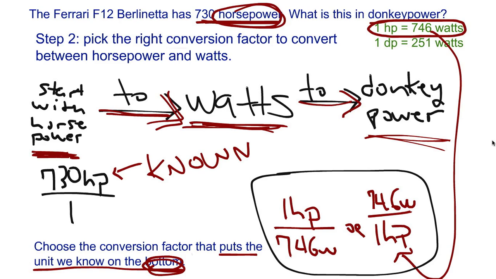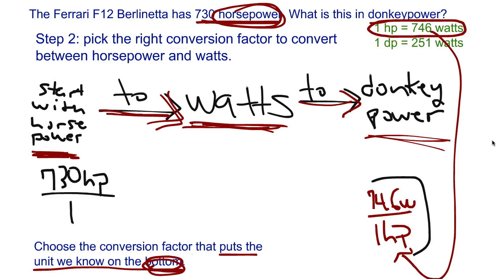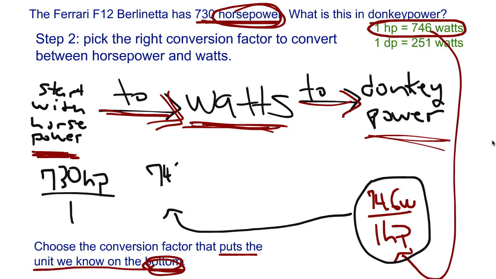So that would be that right there. Horsepower is on the bottom. So I can scratch this one out because I will not be using that one. And I can take this conversion factor and move it over here, giving me 746 watts divided by 1 horsepower.